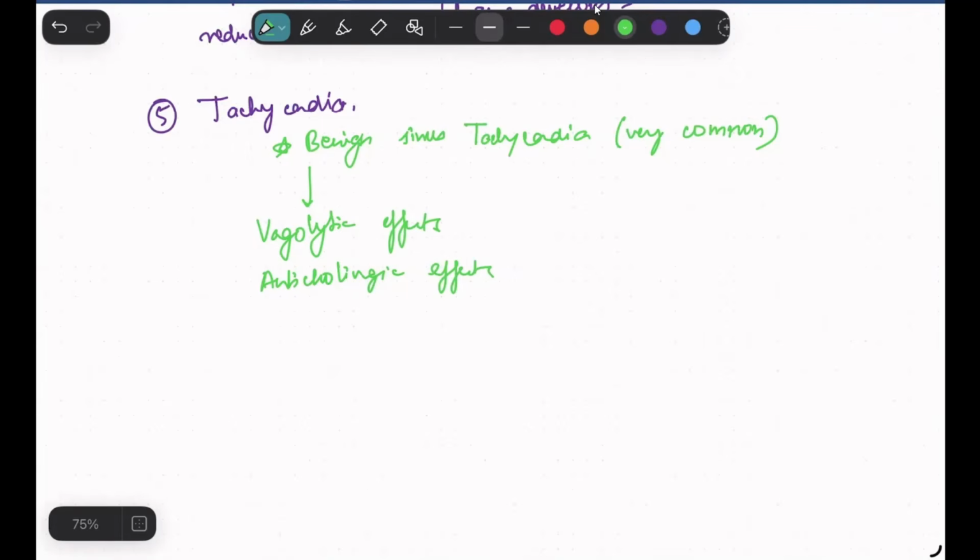However, one thing you should remember is that tachycardia should not automatically be dismissed as benign, because it can also be a sign of myocarditis. So whenever tachycardia occurs, you should be very cautious and ask about chest pain and diarrhea, because sometimes it is an indication of myocarditis.